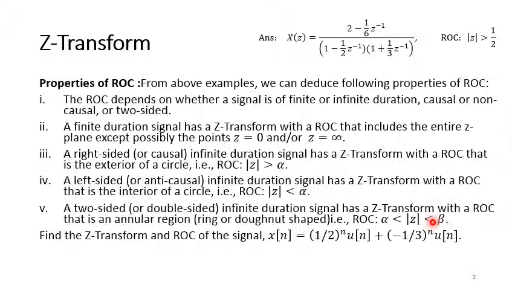I hope this is pretty straightforward to you, because we have done numerical examples for all these cases, and by looking at those examples you can easily verify these properties.